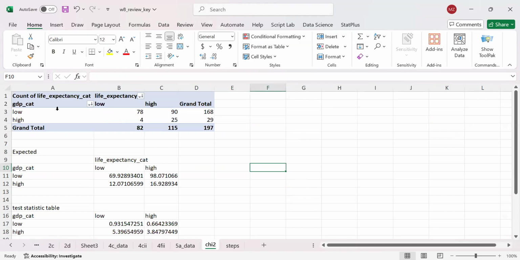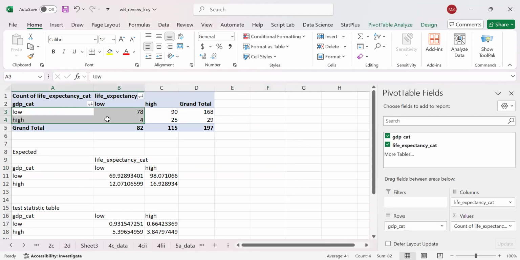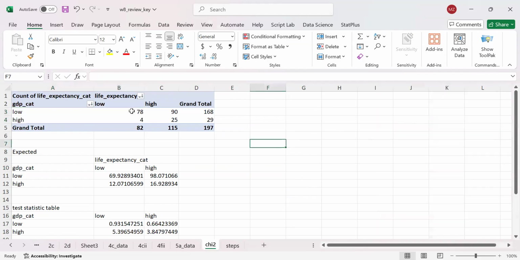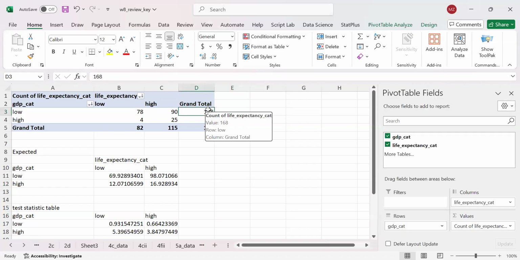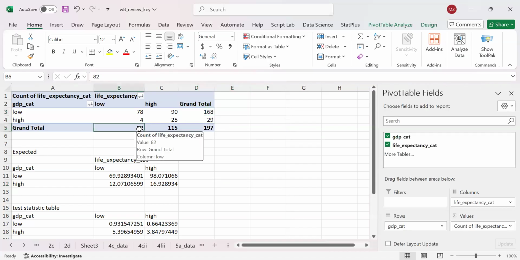Once you have this table, there are 78 countries which have both life expectancy and GDP low, 90 countries which have a high life expectancy but low GDP, and so on. Then we calculate our expected values, and you know the formula for expected: you take the total of the row times the total of the column divided by the grand total.